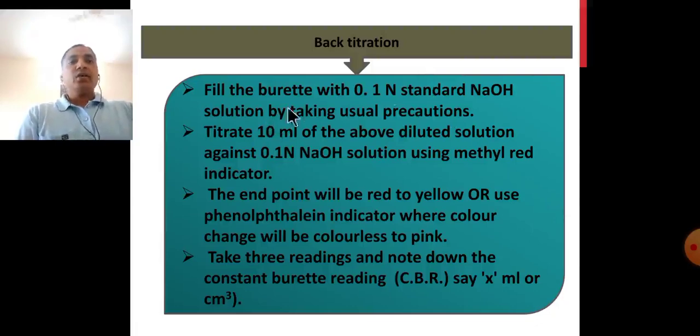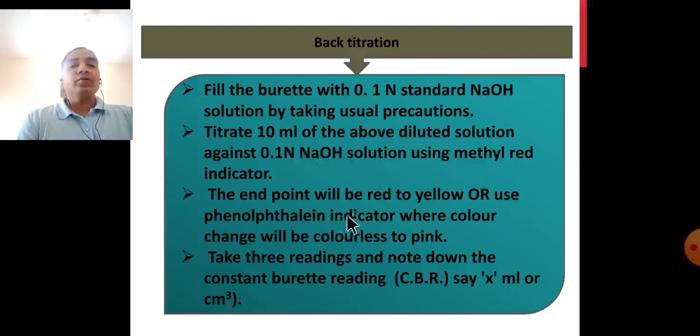Back titration: fill the burette with 0.1 normal standard NaOH solution, taking the usual precautions. Pipette out 10 ml of the above diluted solution, that is the antacid tablet solution, and titrate against the 0.1 normal NaOH solution using methyl red indicator.